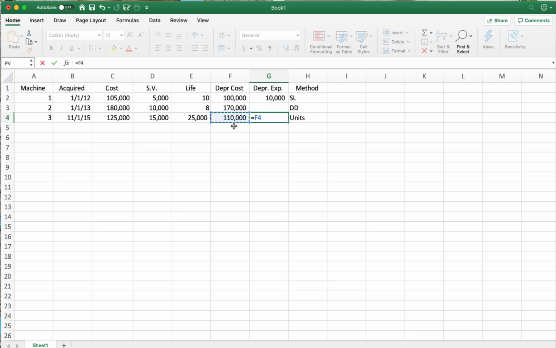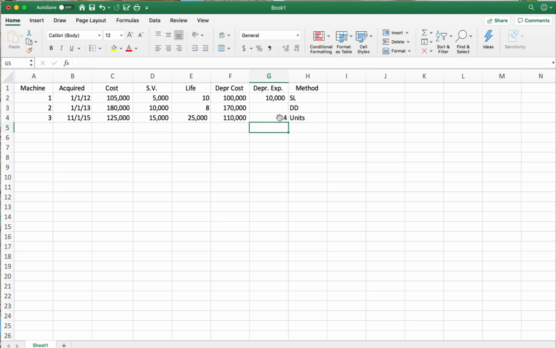Then I divide that by my units of activity, or the life of 25,000 hours, because instead of years, we're going to express that life in hours.